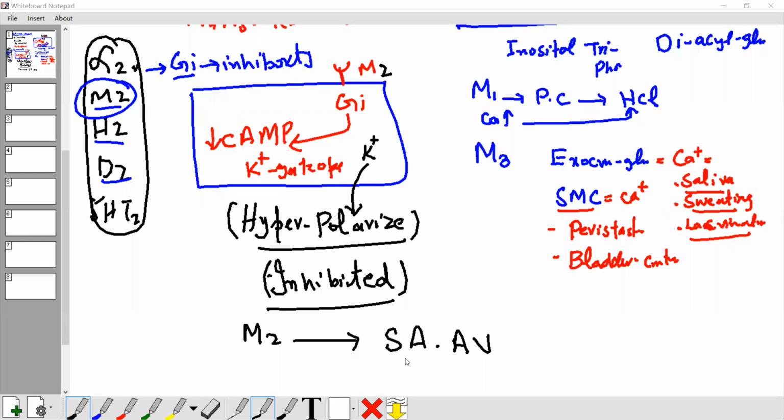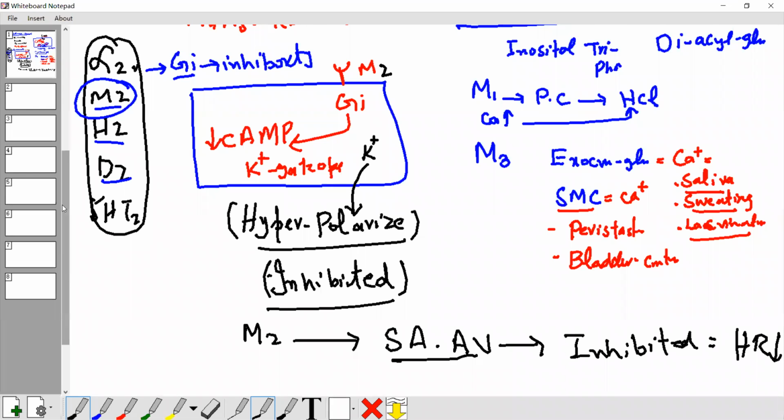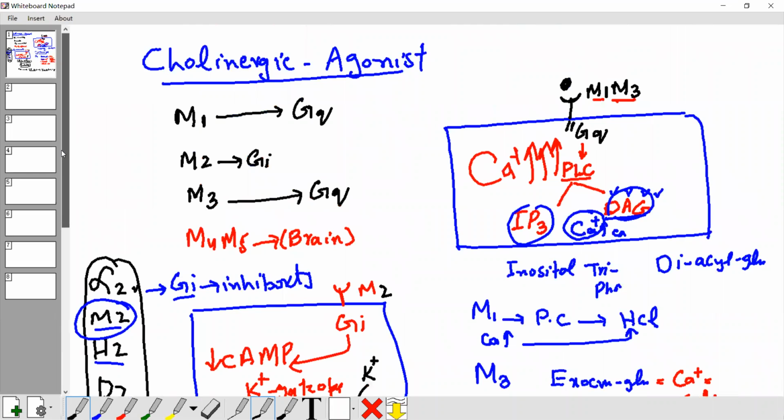So this SA and AV node, they inhibited. Understand? So what happened with heart? Heart decrease rate. Now you easily can understand the effect. Okay. This one clear?